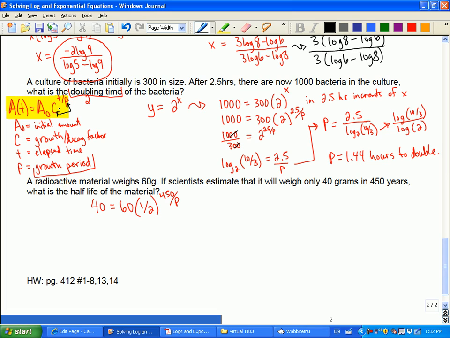If you're trying to figure out where does the time go on this fraction, this is always the amount of time that has gone by, or time that has elapsed. So what you need to ask yourself is this the time that's gone by, or does this number connect to the growth constant? In this case, it tells us in 450 years. We know that's how long has gone by. It has nothing to do with the growth constant of 1/2.